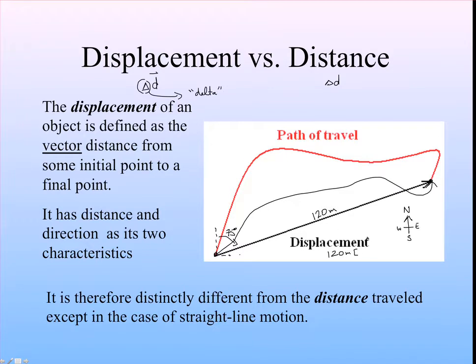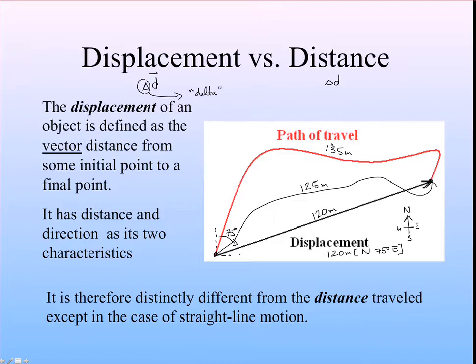If that had been 75 degrees, our displacement would be 120 meters north, 75 degrees east. Our distance along this red path might be 135 meters, perhaps by this black path here, perhaps 125 meters.